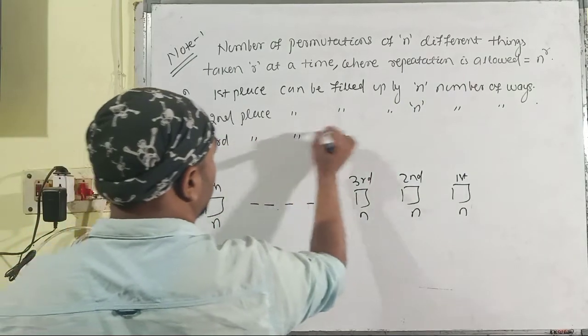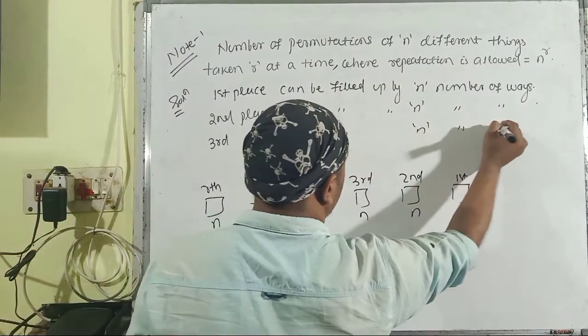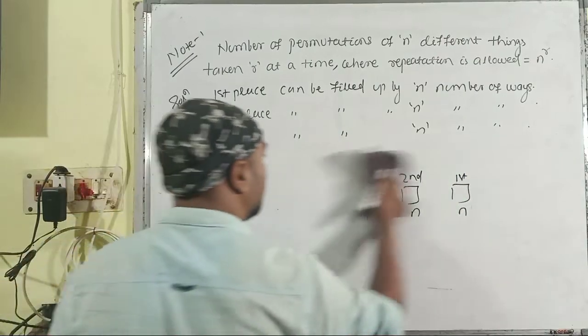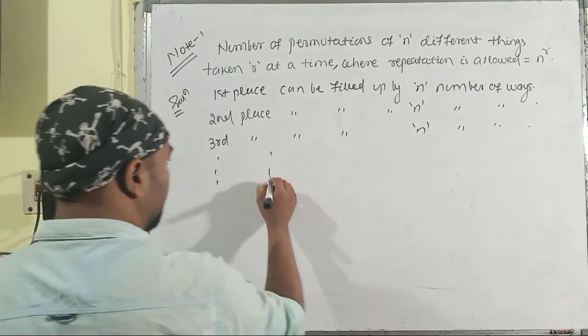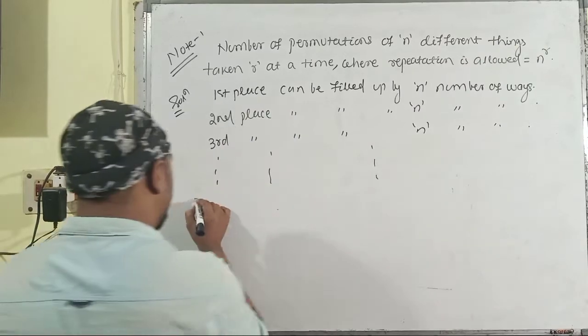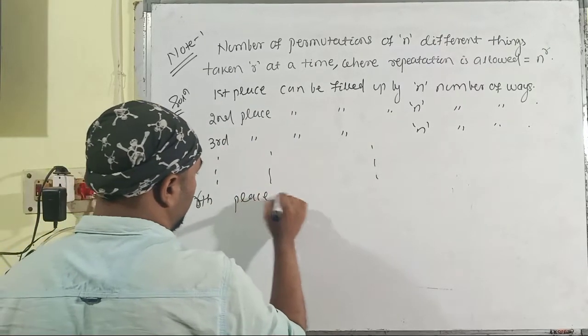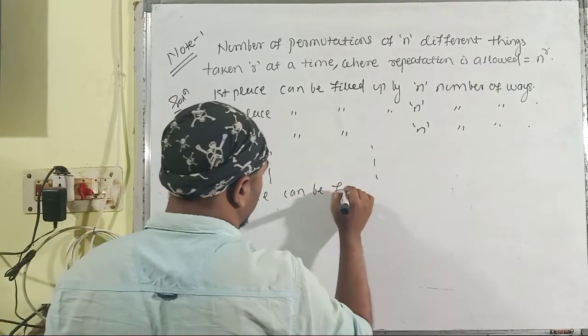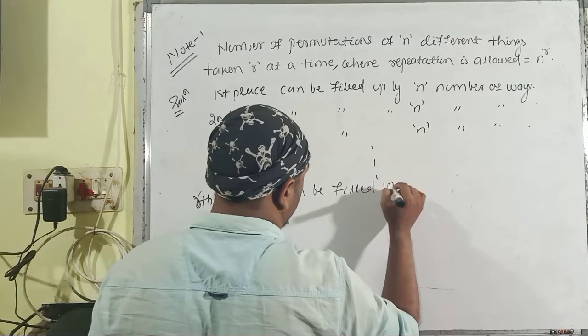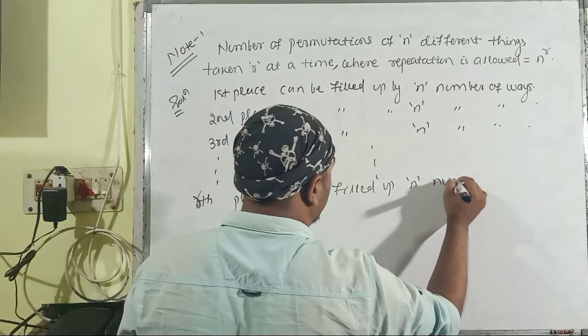The third place can be filled up by n number of ways. Similarly, the rth place can be filled up by n number of ways.